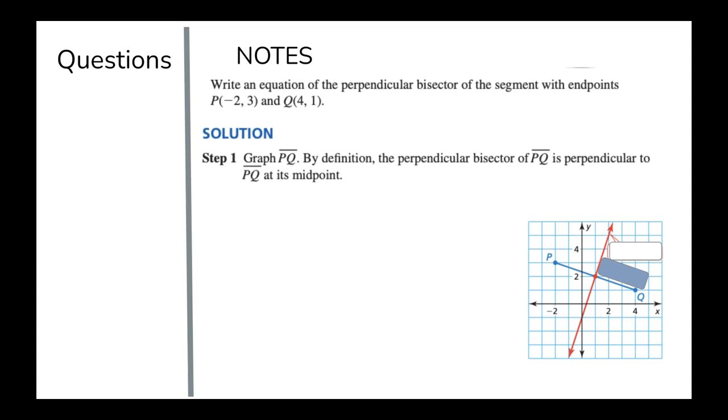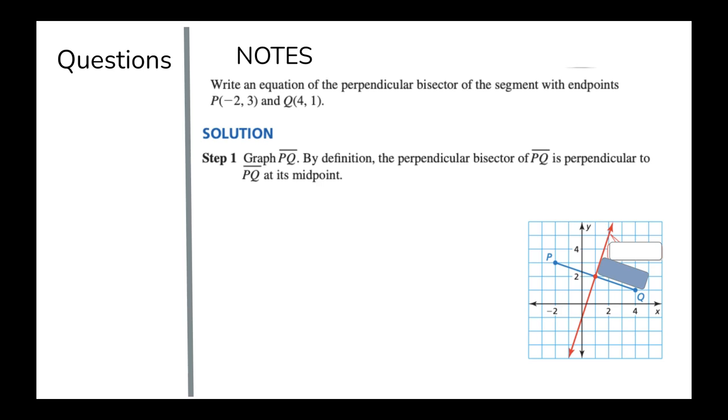So, what could we do if we were given this particular problem? Well, it's always nice to have a visual when we're dealing with geometry. So, the first thing you may want to do is to graph the line segment PQ on the coordinate plane.